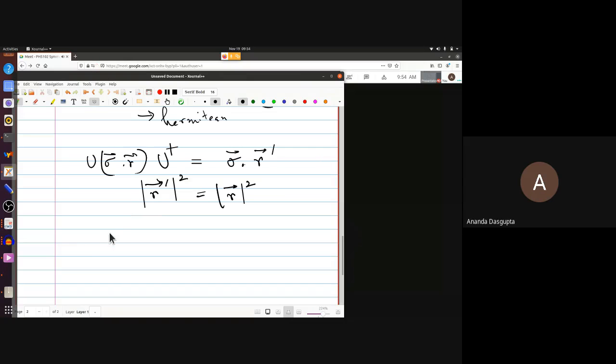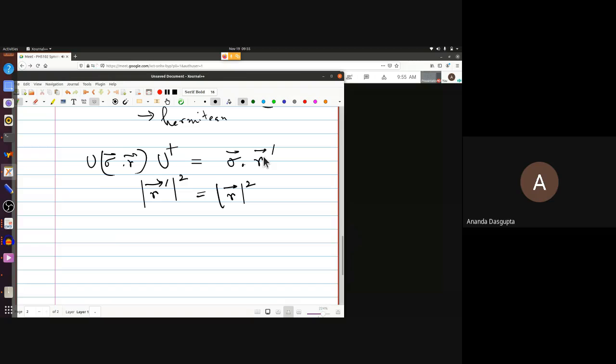So basically, first of all, you can easily see that if you wrote out the matrix U explicitly, this connection between r and r prime would be a linear one, right? Or you don't even have to write it out explicitly, you just replace r by, say, alpha r. You can easily see that the number alpha will just go out, so you will end up with r prime becoming alpha r prime.